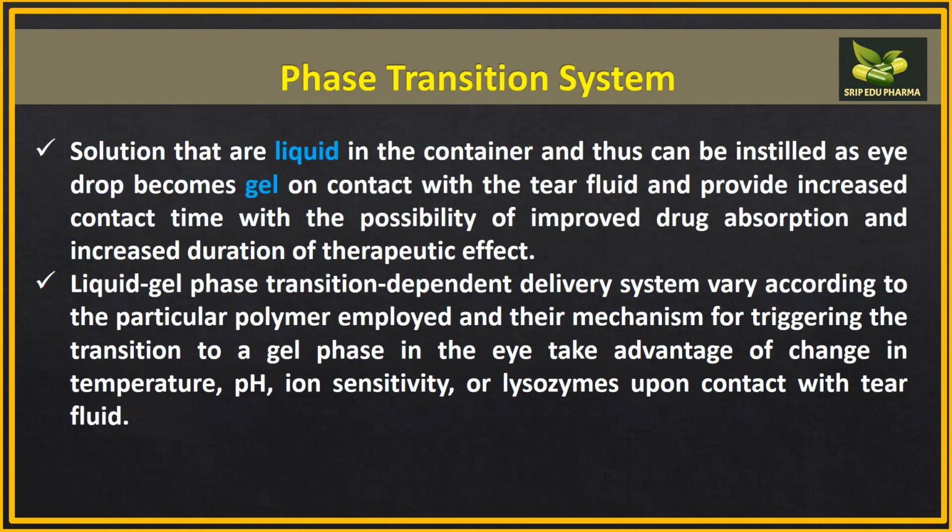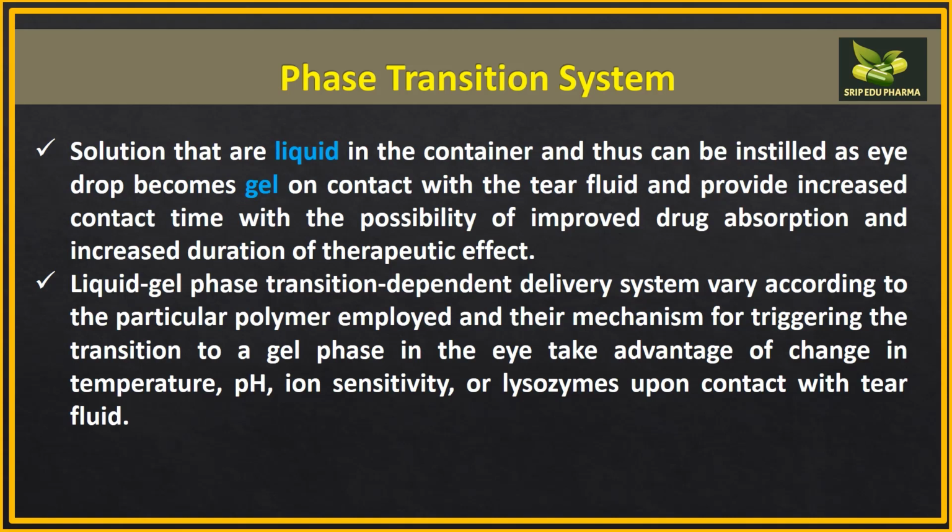Next is phase transition system. In this, the solutions that are liquid in the container and thus can be instilled as eye drops become gel on contact with the tear fluid and provide increased contact time with the possibility of improved drug absorption and increased duration of therapeutic effect.